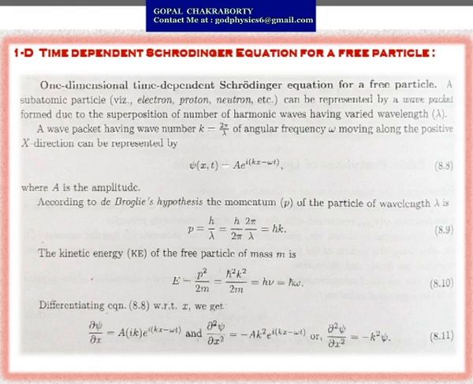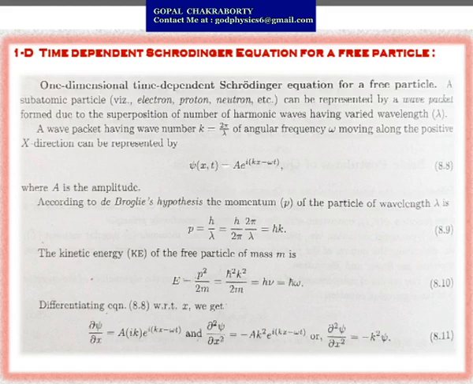Now look at what will be the kinetic energy of that particle of mass m. The kinetic energy E equals p square by twice m. So p square equals h cut square k square, and E equals h cut square k square by twice m. That can be represented by h cut nu or h cut omega.